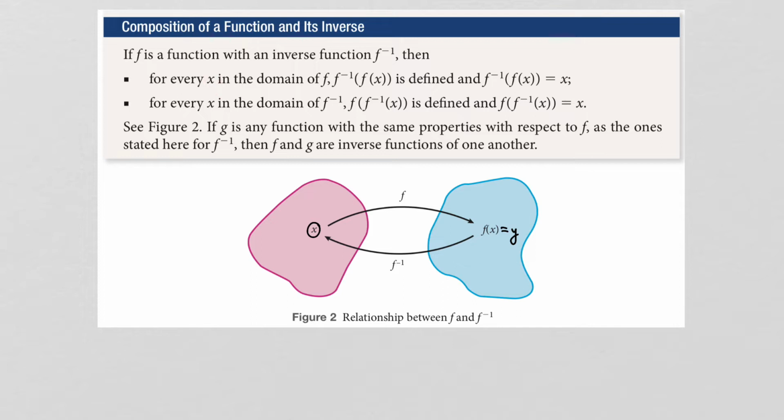So for every x in the domain of the function f, if you apply the inverse function to f of x, you are going to get x. And for every x in the domain of f inverse, if you apply the function to the inverse function of x, you are also going to get x. So when either one of these functions acts upon the other function, it cancels it out.